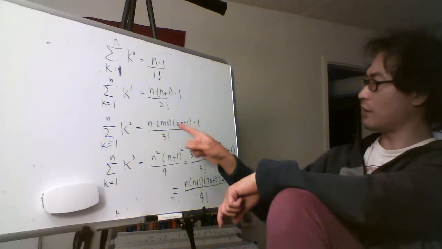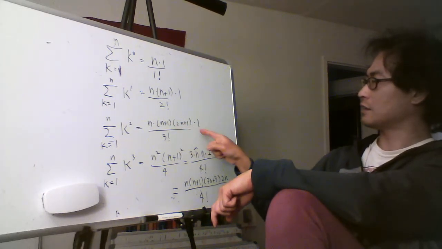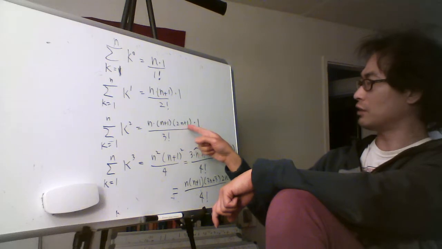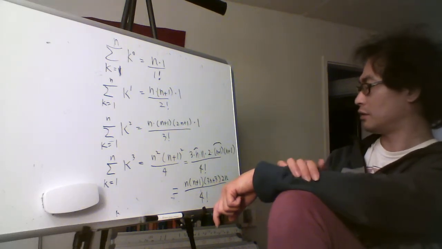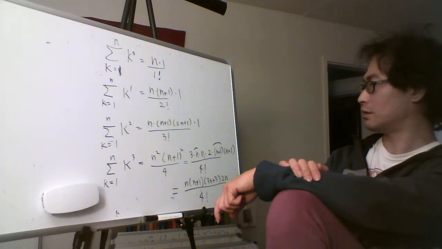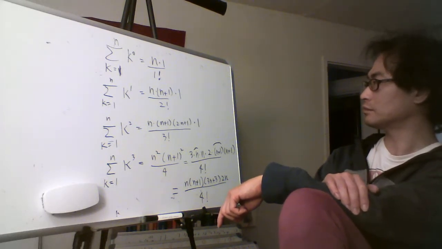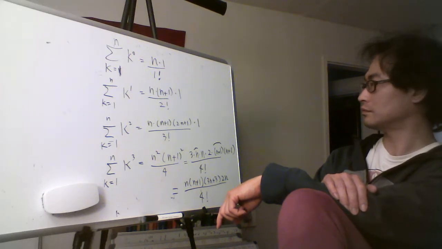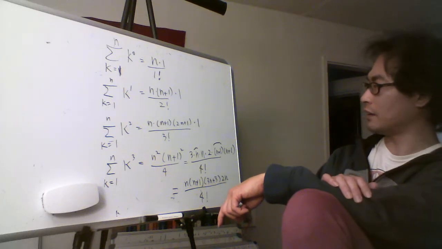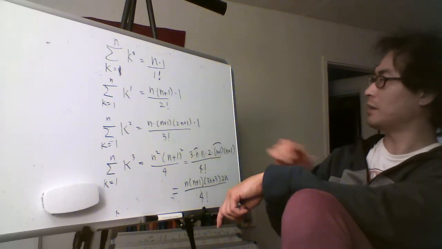How about we add this guy and this guy? It becomes 3n plus 3. So maybe we're getting somewhere. Adding 3 guys at the end, maybe.